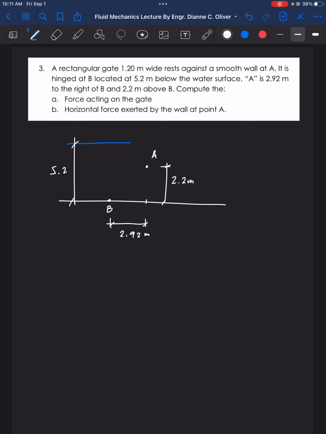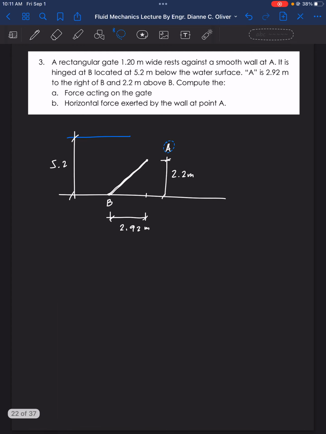Therefore, you can conclude that the gate being described here in example number 3 is actually inclined, and it is resting on a smooth wall at A. So here is our point A, which is actually the wall that is being mentioned in the problem.